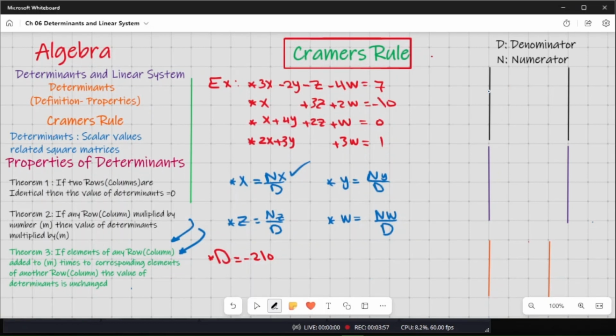Here we just replace the coefficient of x by the three terms. So we have 7, negative 10, 0, 1, and the other coefficients negative 2, 0, 4, 3, negative 1, 3, 2, 0, negative 4, 2, 1, 3.